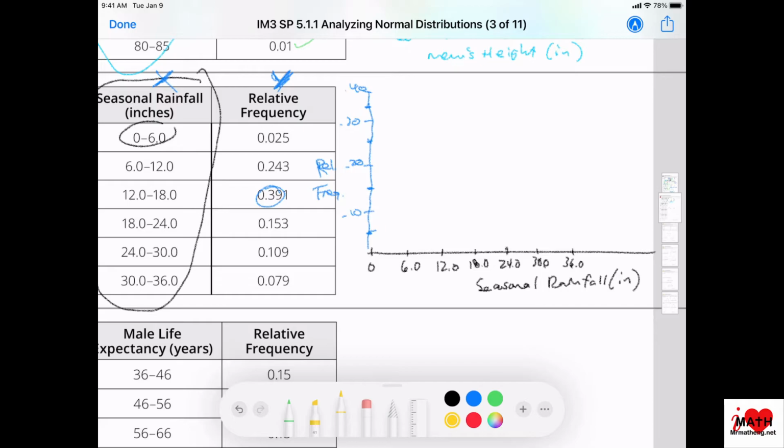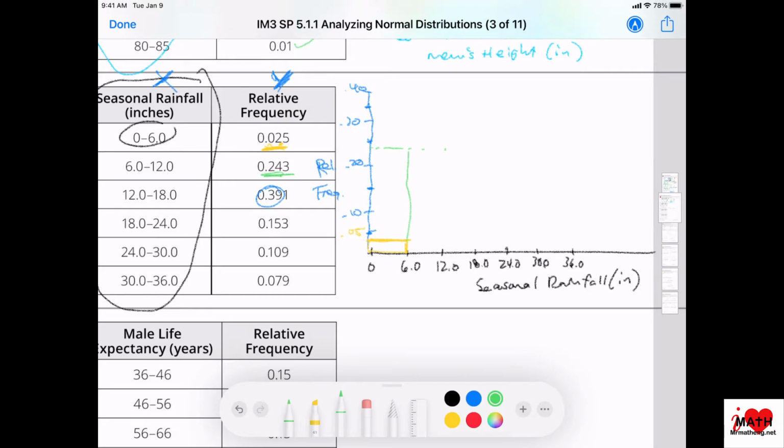That's like 0.025. So it's like 2.5%. So less than 5. So somewhere around here. See, the height goes to that number, about 2%. Okay, the next one's a big one, 24%. So that would be like right here.